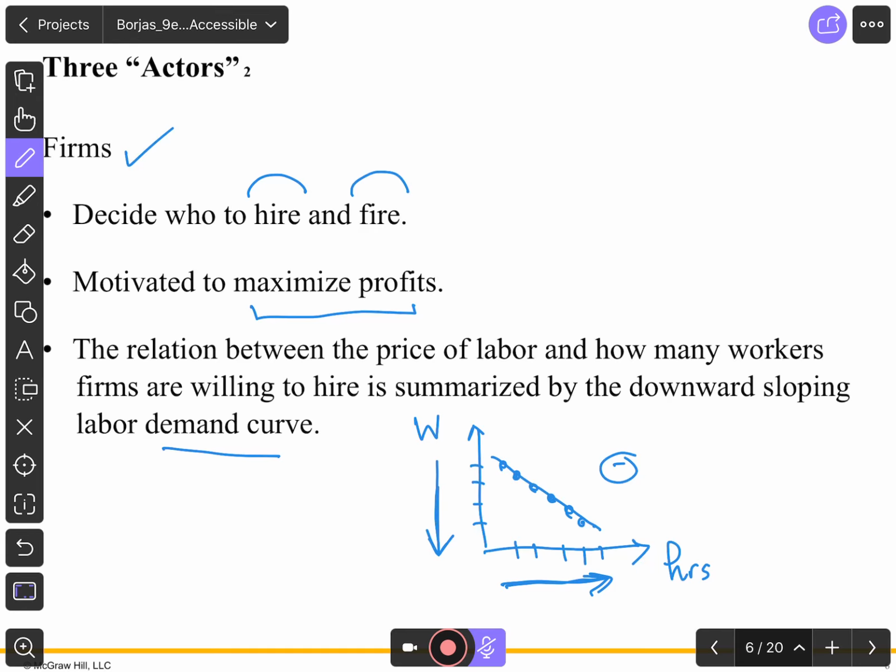The cheaper the workers, the more demand for their service, right? It's a negative relationship, and the opposite is true. The more expensive the workers, the less the demand for their service. So it's a negative relationship by the end of the day.